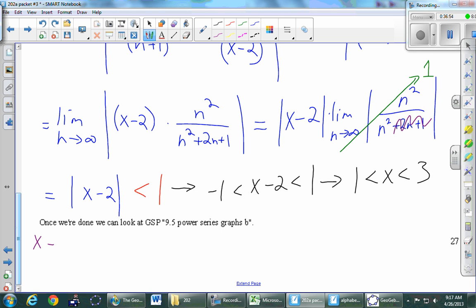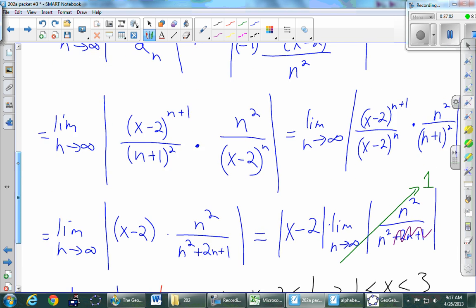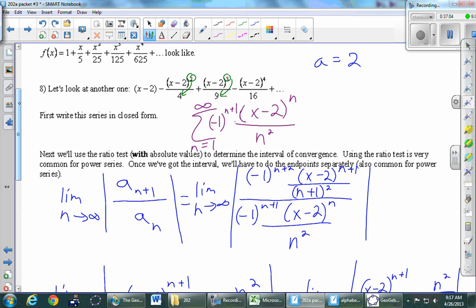So we'll start with x equals 3. Go all the way back up to the original series. And we're going to plug in x equals 3 for all of these x's here. What do you get in every parentheses? We get 1, yeah? When x is 3, every set of parentheses becomes 1.